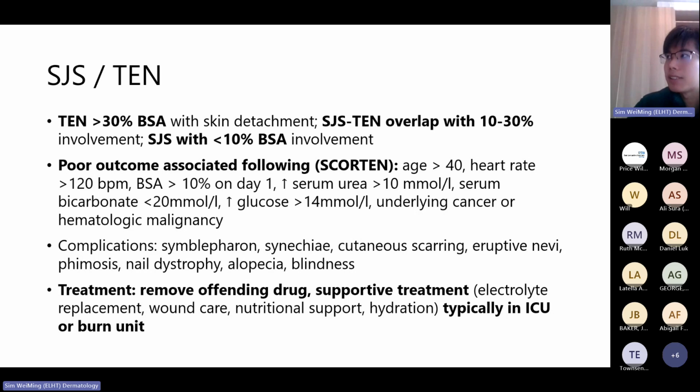The other thing that I wanted to say, although I didn't write it here, is if the dermatology team or the ICU team is very enthusiastic with giving corticosteroids, just be mindful that it is still a form of immunosuppression, and the mortality associated with SJS and TEN is not purely from the skin involvement.